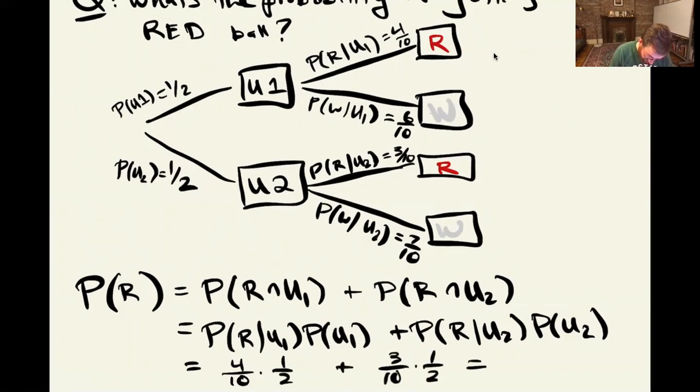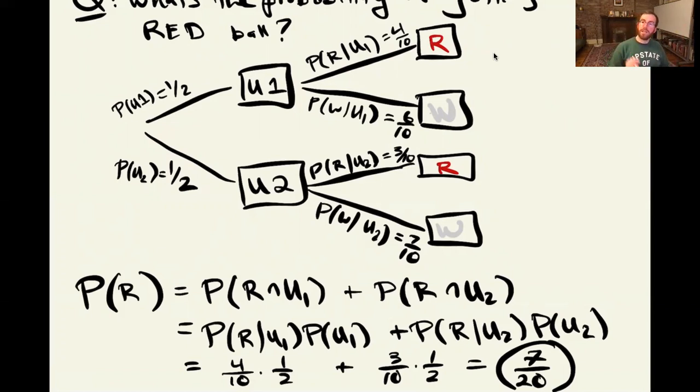Adding these up together, we end up getting 7 out of 20. Which in this case actually makes perfect sense. Imagine I had poured all my balls together into one big urn. There'd be a total of 20 balls, 7 of which were red.